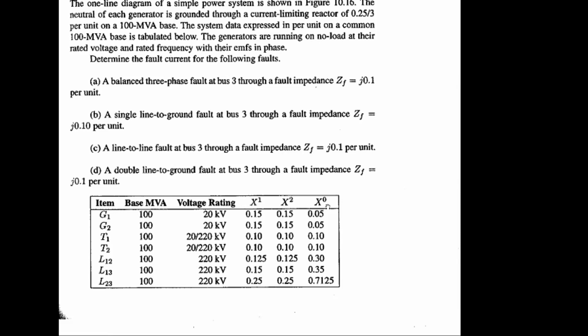Okay. And here you can see in the table X1, X2, and X0. From this information, you can check the X1 and X2 columns. They are the same, right? But you can get different information for the zero sequence reactance.